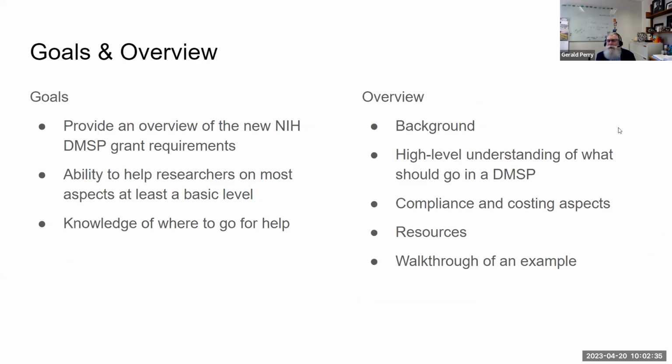So the goals that we have for this session, recognizing who this audience is, are to give you a sense of the overview for this new NIH Data Management and Sharing Policy as it relates to grant requirements. Our focus is to help you help researchers, and if you're a researcher directly, of course, on some of the most basic aspects of this policy. We also want to make sure that you have an idea of where you can go for some additional assistance.